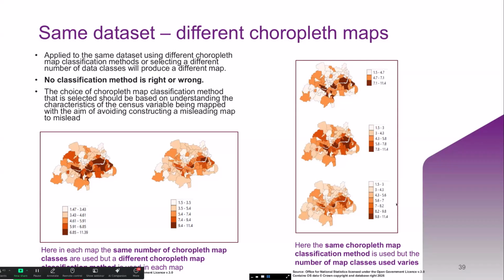And on the left here the classes are the same, so we've got 5 classes, but I've varied the actual classification method. And again, you get a different kind of map. So just be aware that the different classification method and number of buckets will produce different maps, and so it's best that you understand the data to avoid creating misleading maps.